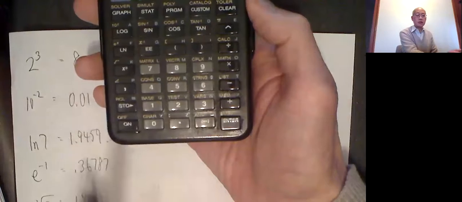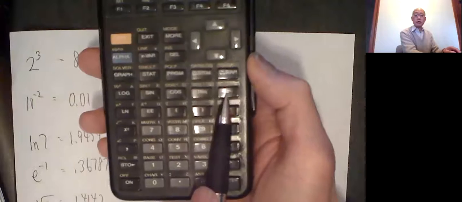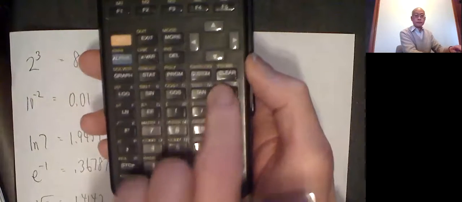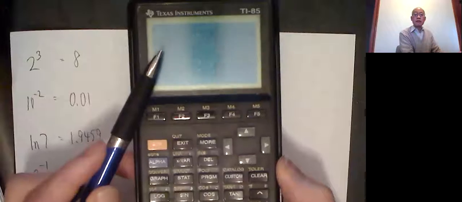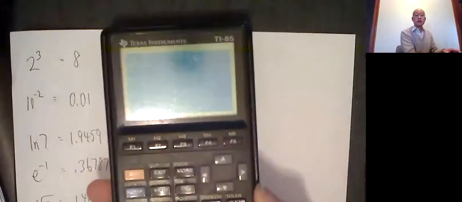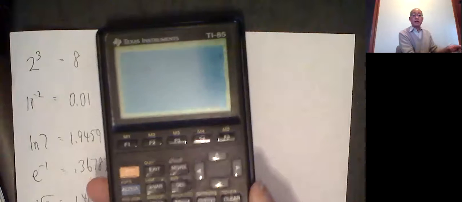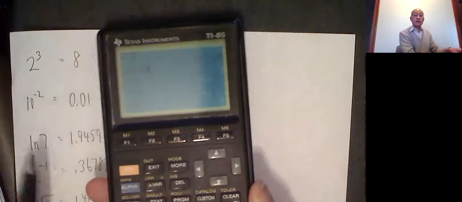So 10 to the negative 2, I would hit 10. So I've got my 10. Then my exponent, which is this button. Okay, so 10, that up caret shows up, sort of like an arrow pointing up. And now to get a negative, don't hit this one, but you want this one. So I'm going to hit negative and 2. I'm not sure if you can see it right, but it says 10 raised to the negative 2.